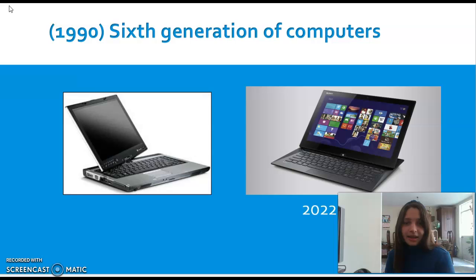and now the screen is a touch. The keyboard is wireless, and the mouse is wireless. So it's very complicated to explain to you what the difference is.